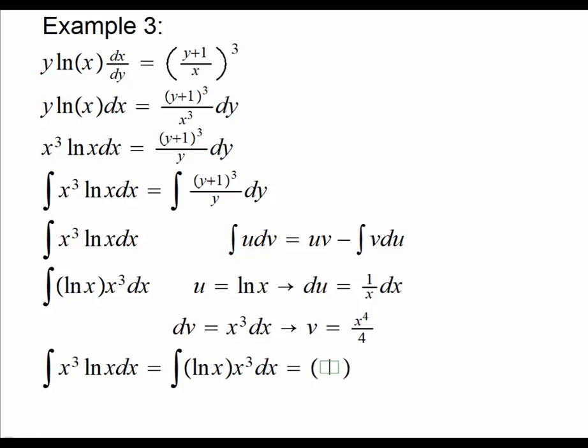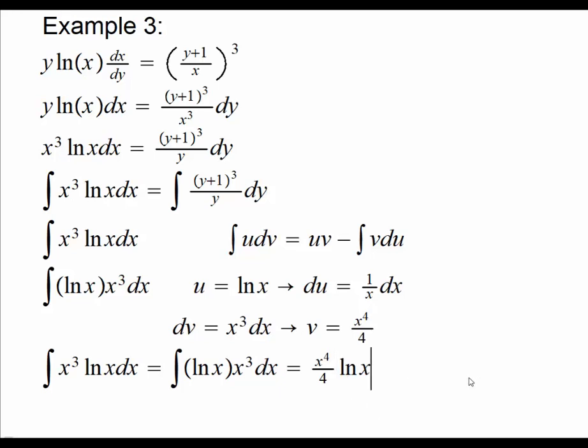U is natural log of x, right? And who is v? V is x to the 4 over 4, so I can write it right here. I'm just using the commutativity of multiplication, and notice that I'm writing uv as vu here.